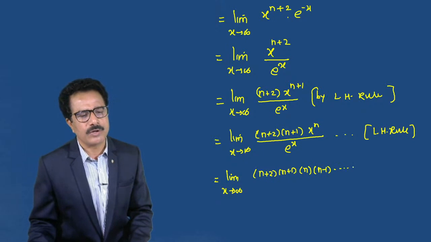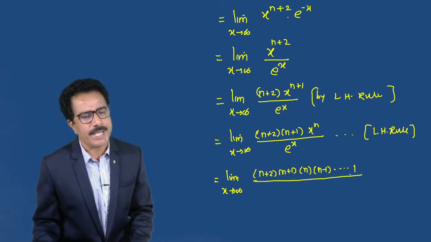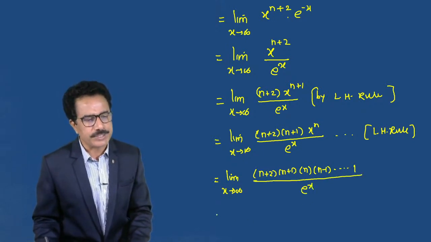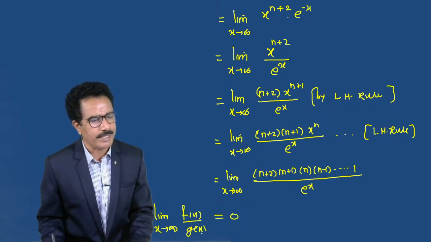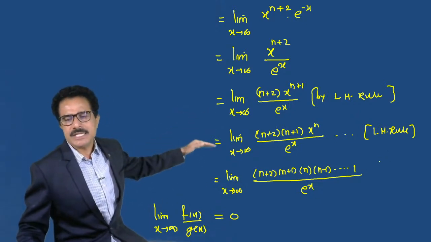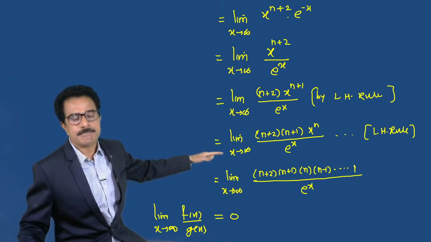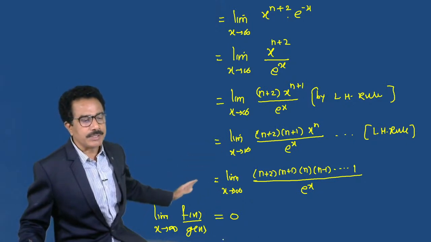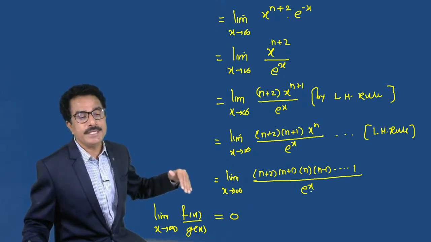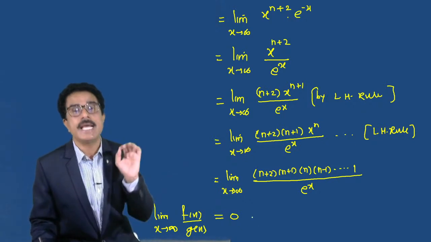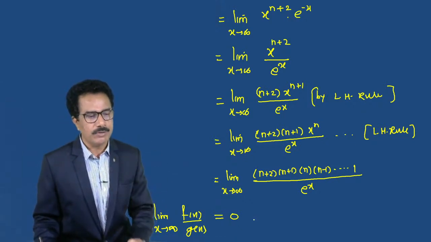In this way, dot dot dot, we can write 1 divided by e raised to x, and which tends to 0. So limit x tends to infinity, f of x divided by g of x, if we use continuously L'Hospital rule, then we get this term. And if we put n tends to infinity, x tends to infinity, so any term divided by e raised to x means it goes to nearly about 0.